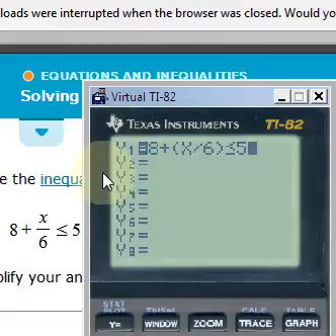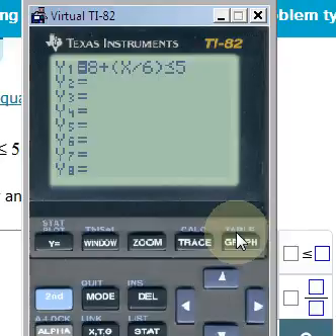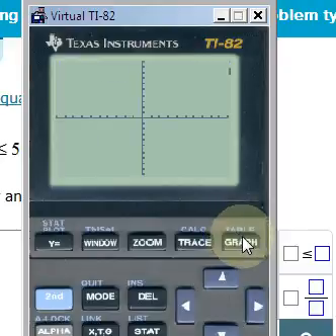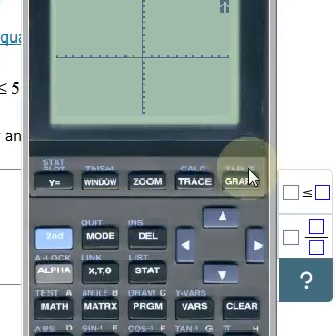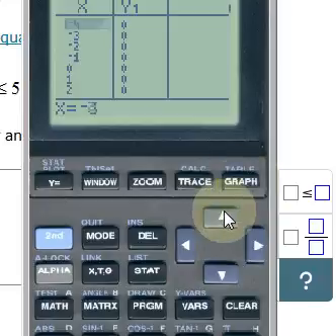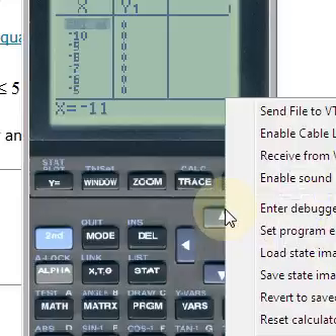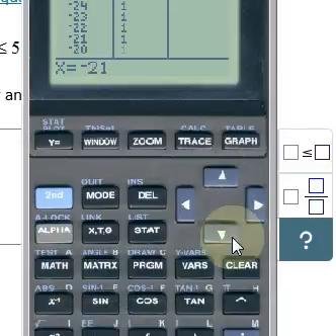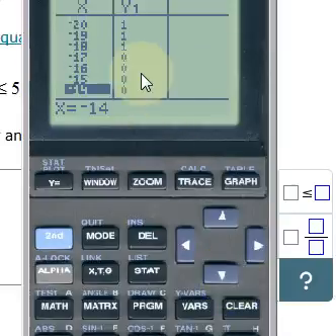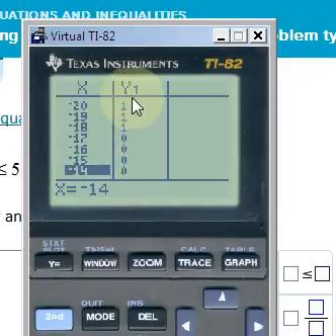Now we'll put the graph up and I'll show you how to find it. Yeah, so we just found it by seeing where the ones start, the logical 1.